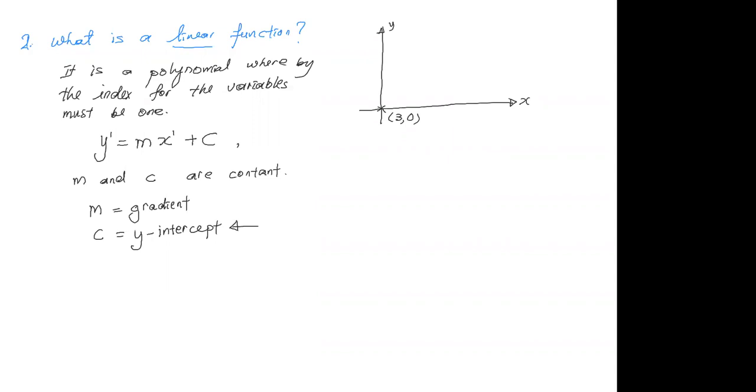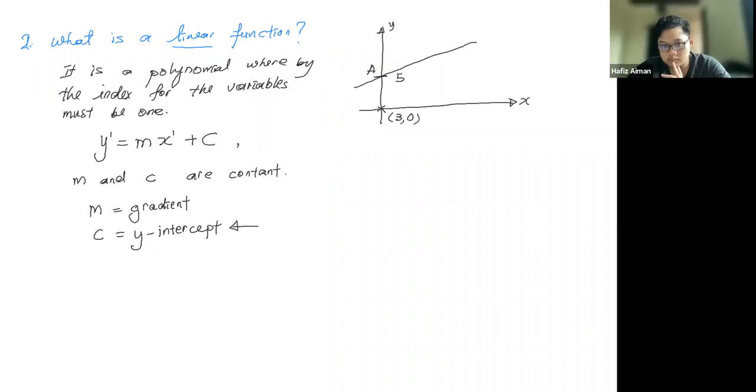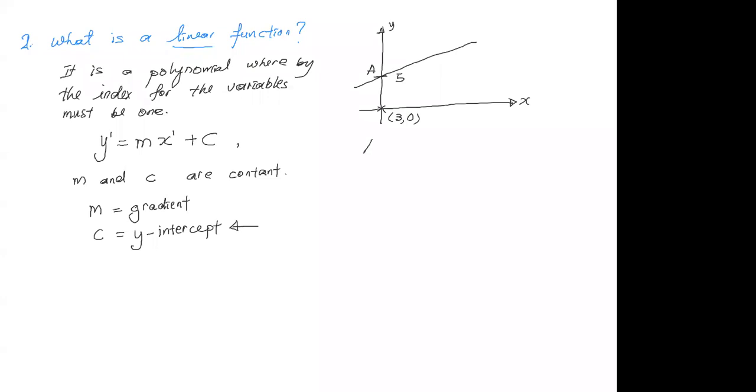Then I draw a straight line. By the way, linear function, the shape of the graph is a straight line. And I put this as 5. So how do you read the coordinate of point A according to this graph? 0, 5. Yes, someone has read it correctly.